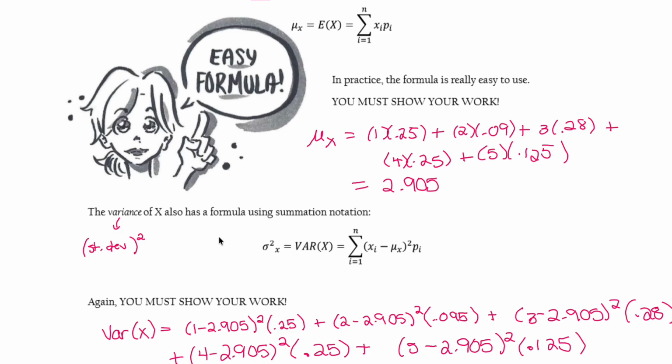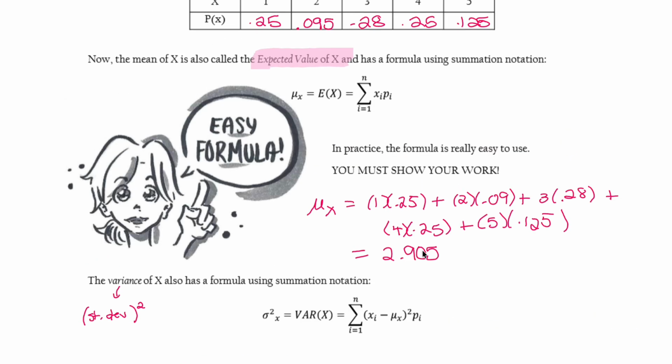The variance of x also has a formula using summation notation. Variance just means the square of the standard deviation. How you put it into the formula is the same thing, using summation notation from the first value to the last value, using x sub i minus mu sub x, all raised to the second power, times p sub i.